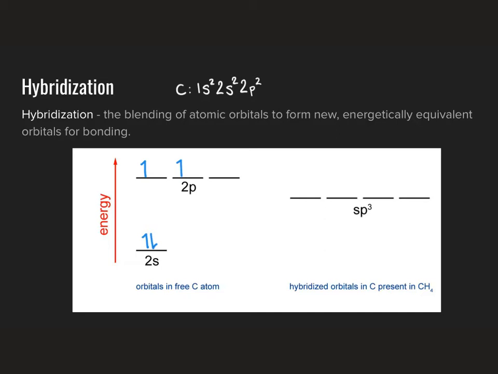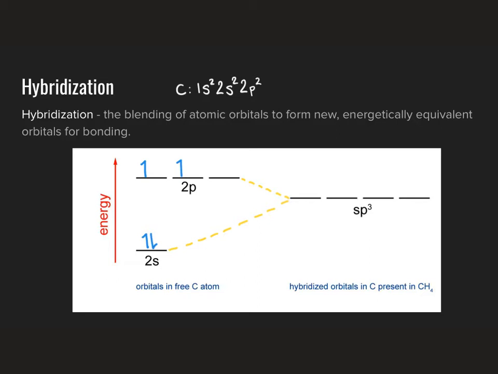So what we see happening within a hybridization model is that those 2s and 2p orbitals are going to combine together in a sort of blend to form a new orbital, which incorporates both the s orbital and the 3p suborbitals present there to form a total of 4 new energetically equivalent orbitals, which we refer to as sp3 hybridized orbitals.